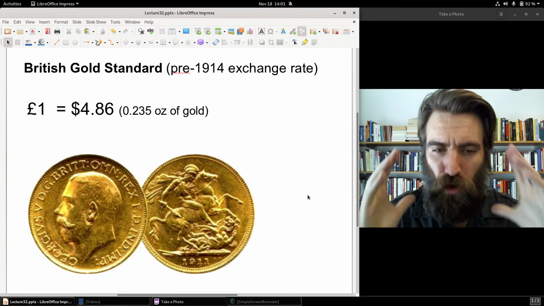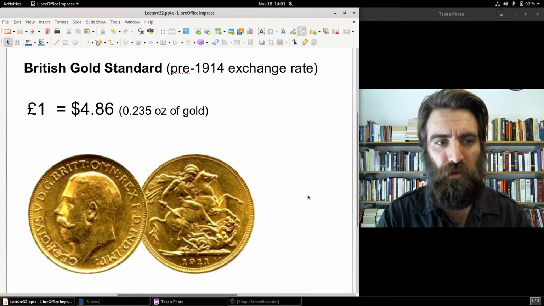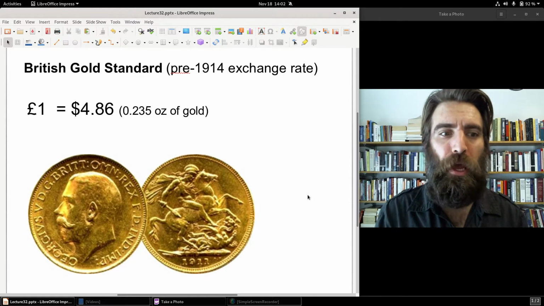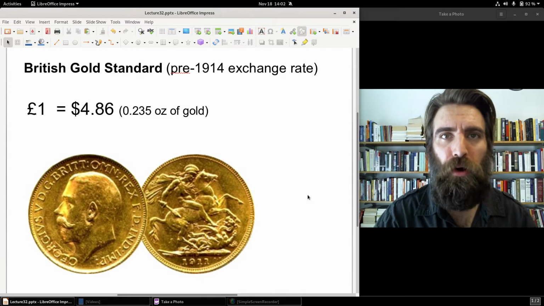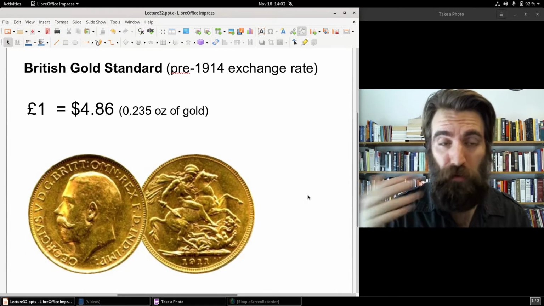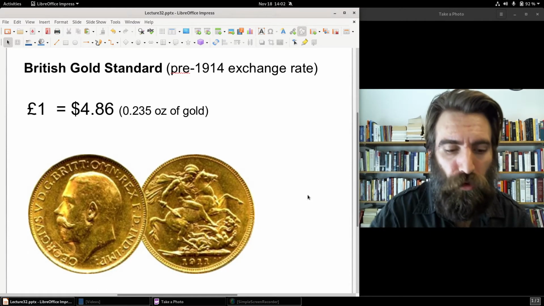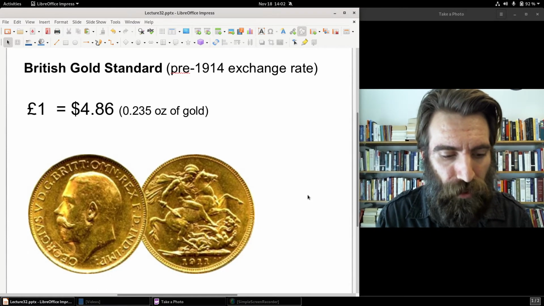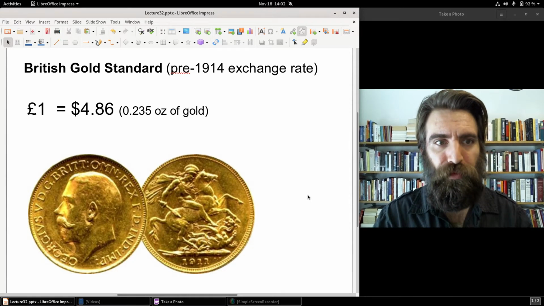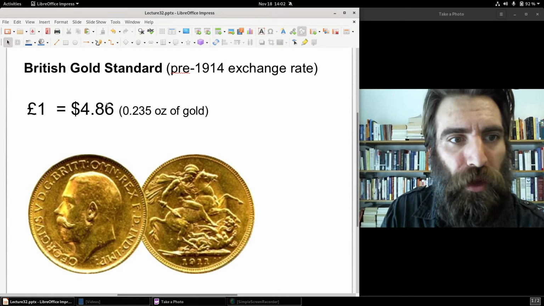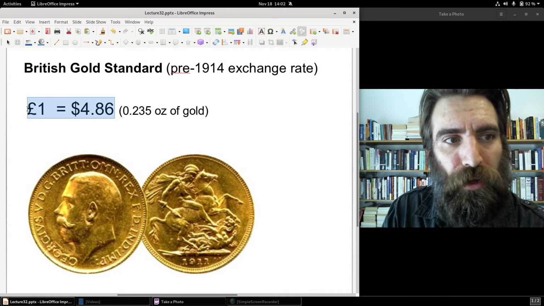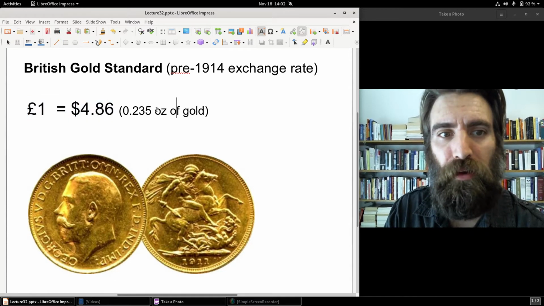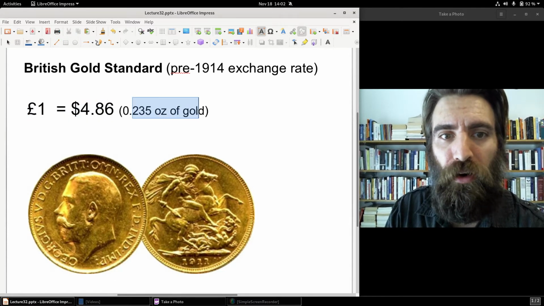The pound sterling was always the strongest currency, the hardest currency. And hey, we won the war. We ought to return, many of these proponents say, back to that old glory of a strong pound. And what that means, they say, is that we need to retain that old exchange rate, $4.86, or in other words, a quarter of an ounce of gold.